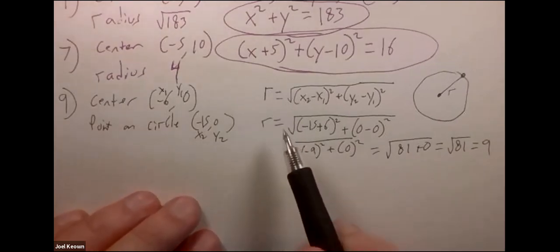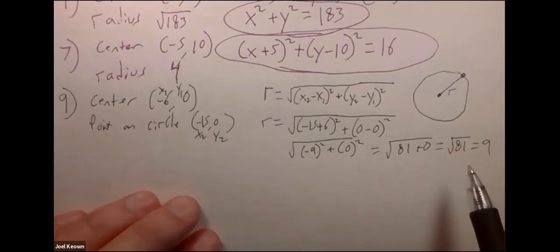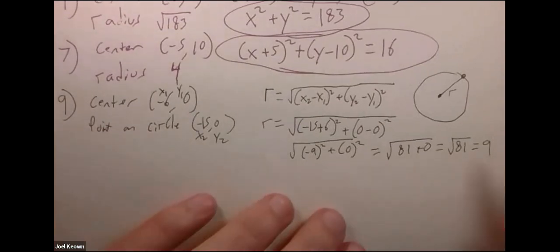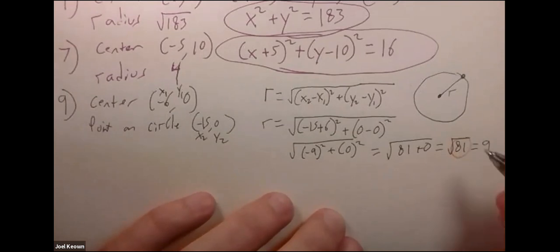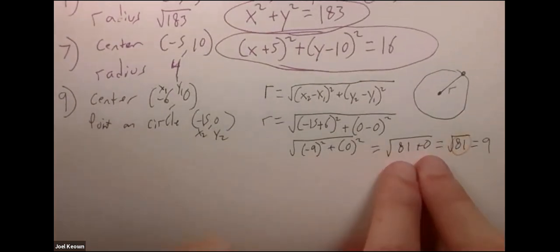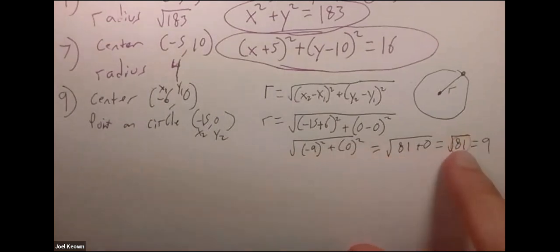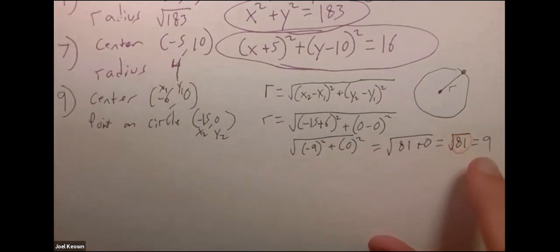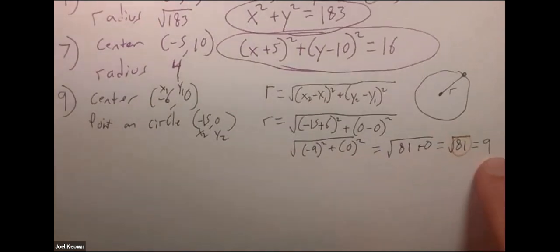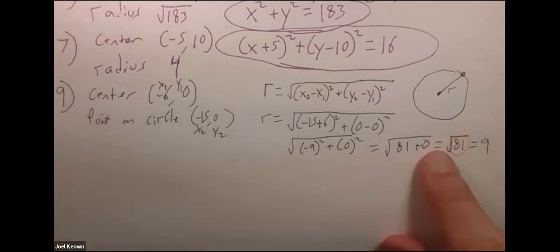Except that, remember, I'm just going to square this value. So really, I cared more about this right here than anything. After I combine those two terms, that's the number I want because I'm just going to square the radius. Okay, I think of it as 9, but 9 squared is 81.